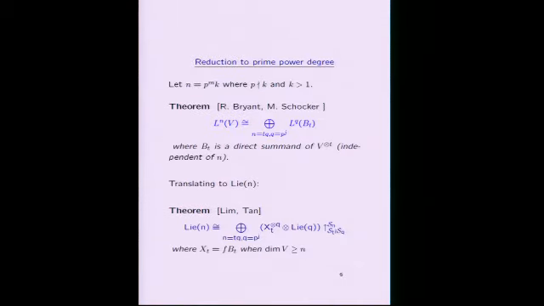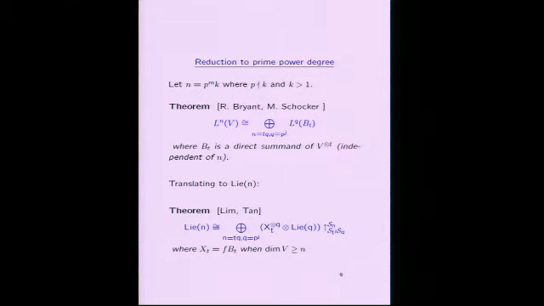And yes, right, going back a little bit in time-wise, there was a theorem proved by Roger Bryant and Manfred Schocker, which they called a decomposition theorem. So they reduced the question about Lie powers to prime power degrees.